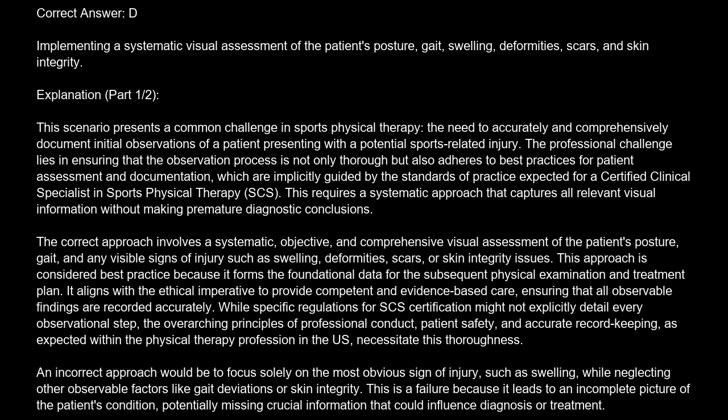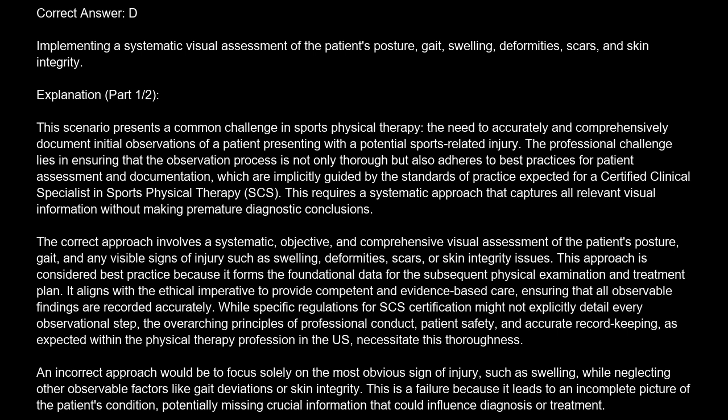It aligns with the ethical imperative to provide competent and evidence-based care, ensuring that all observable findings are recorded accurately. While specific regulations for SCS certification might not explicitly detail every observational step, the overarching principles of professional conduct, patient safety, and accurate record-keeping, as expected within the physical therapy profession in the U.S., necessitate this thoroughness.